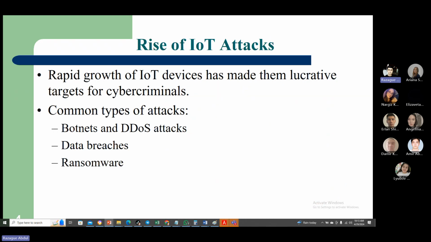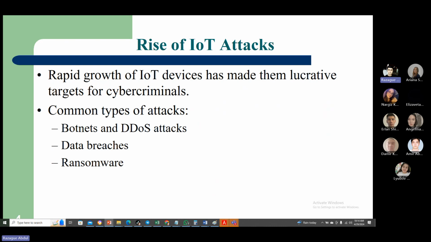Let me now cover the rise of IoT attacks. Our focus will be particularly on three different types of attacks: botnets and DDoS, data breach, and ransomware. First, I would like to give you a high-level talk about the rise of IoT attacks.